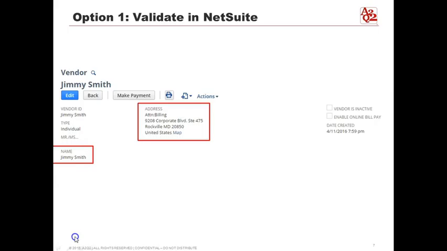Option 1, when you're validating in NetSuite. Let's say you've uploaded a vendor, Jimmy Smith. Once you've done the upload, you can then go into the vendor file for Jimmy Smith and look at his name, the billing addresses, and when this was completed. That's how you would validate, but that's one record at a time, and it can be very time consuming.